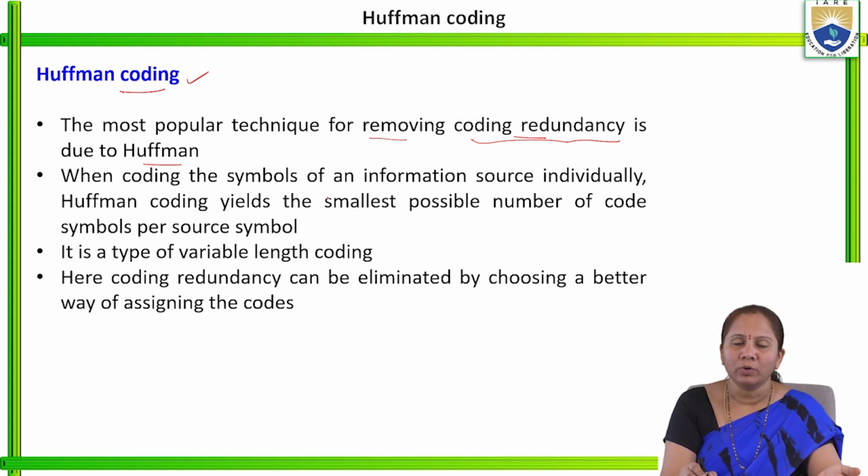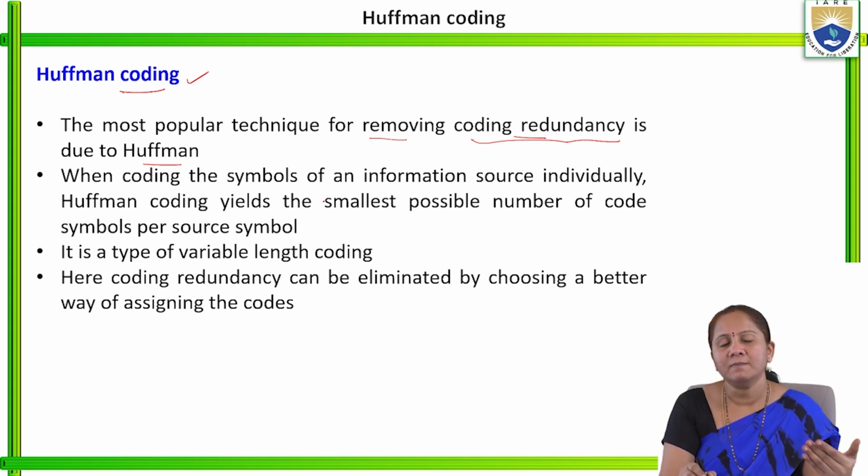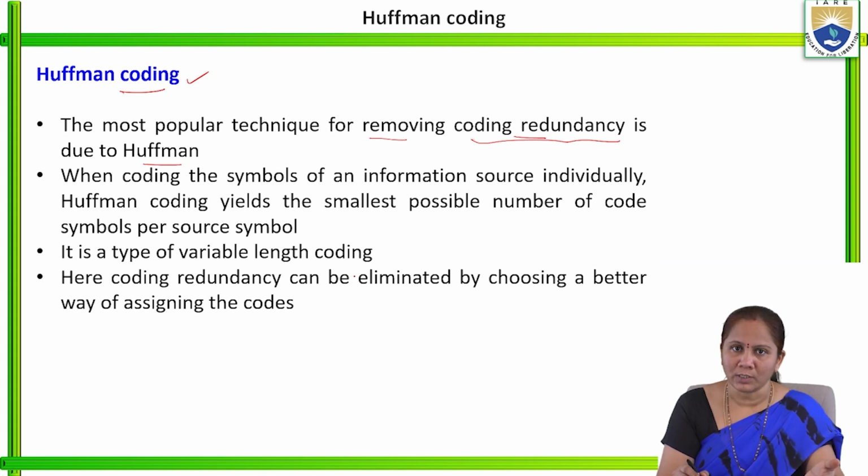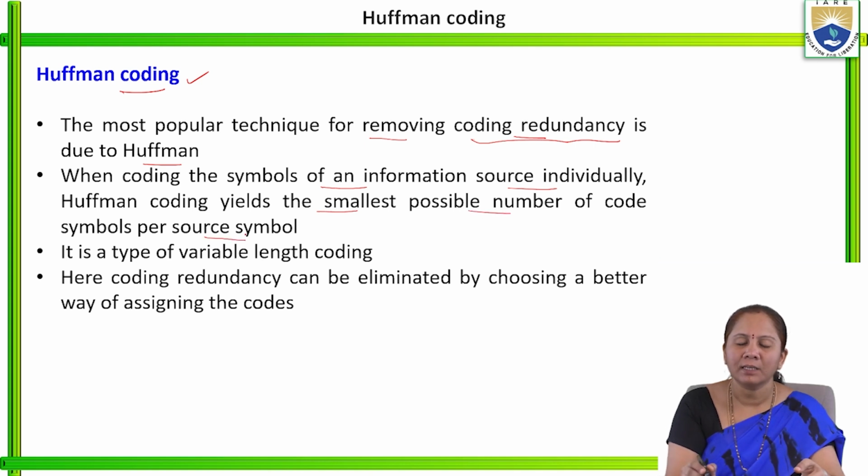How can coding redundancy be reduced? We have seen the source encoder block, which is used to encode the original image into some set of symbols. When coding the symbols of an information source individually, Huffman coding yields the smallest possible number of code symbols per source symbol.